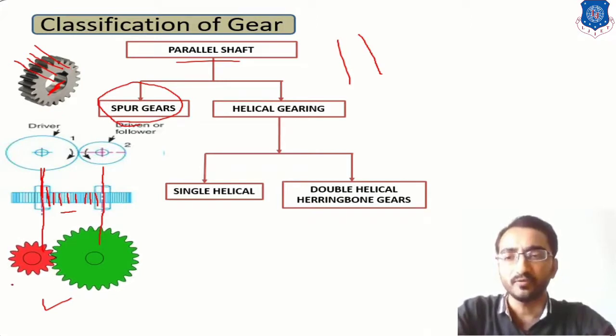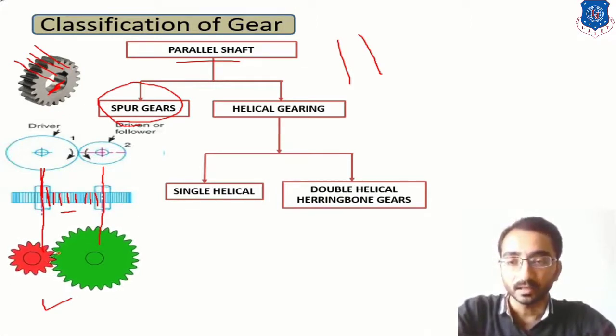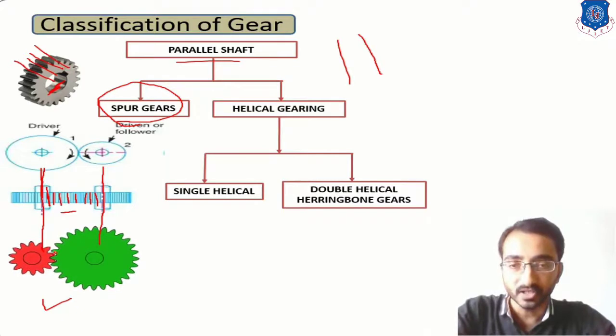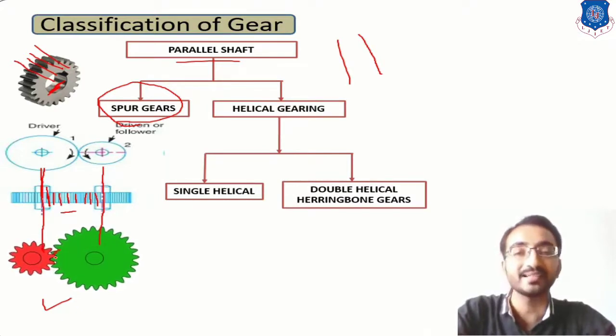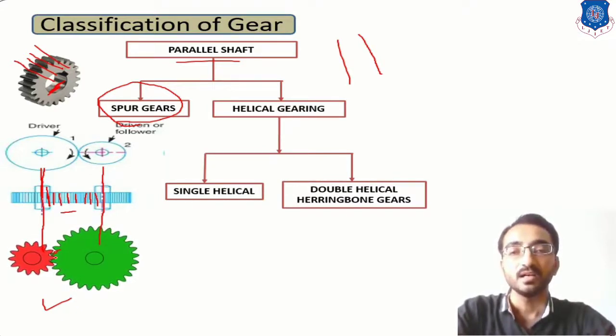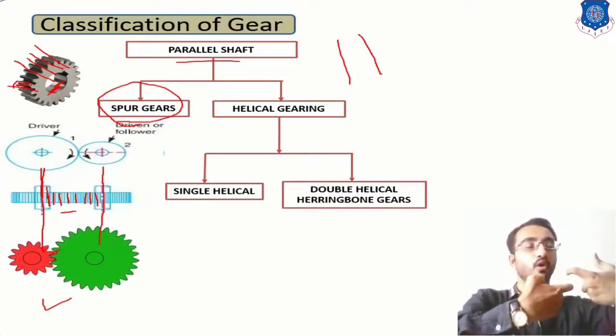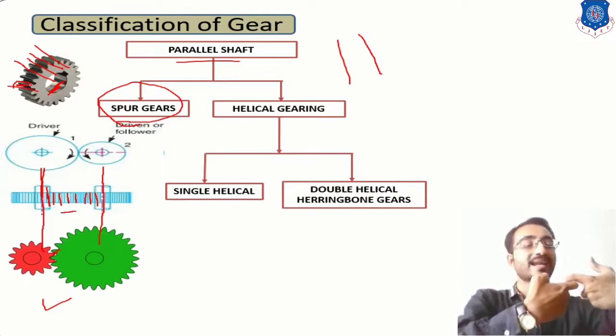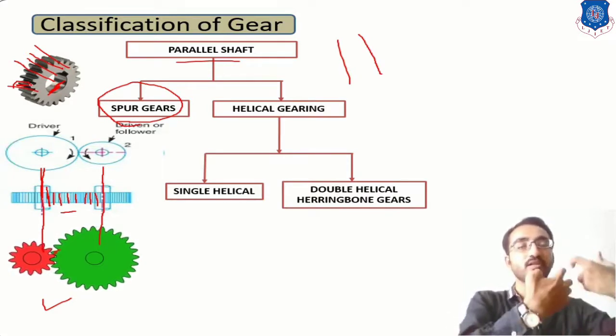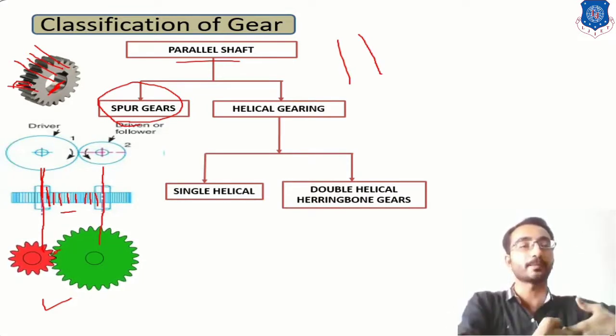But if you refer to this diagram, when these two teeth are meshing with each other, there is a sudden contact between them and the entire width comes into contact with the other tooth. If you consider that the entire tooth comes into contact at the same time, then for a large amount of power transmission it will produce a jerk between them.